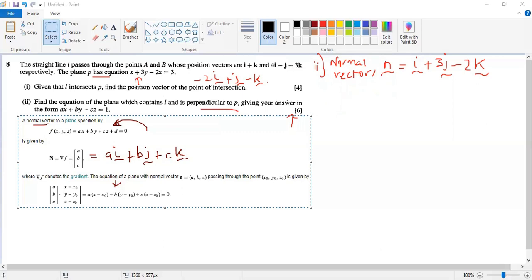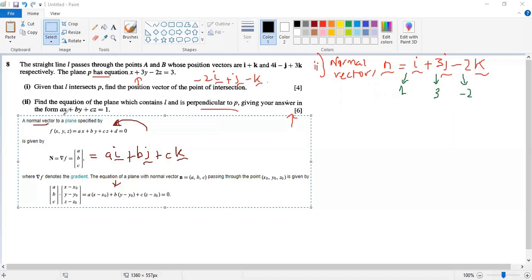Okay, let's multiply 1, 3, and negative 2. From here we take the 1, here we take the 3, and negative 2, as the coordinate part.